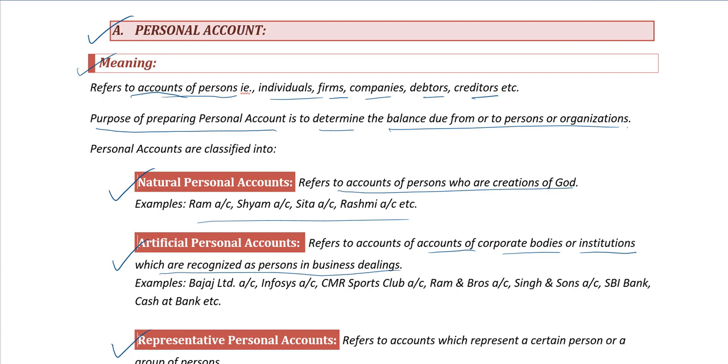Basically, business entities are artificial personal accounts. Bajaj Limited account, Infosys account, CMR Sports Club account, Ram and Brothers account, Singh and Sons account, SBI Bank, Cashad Bank. All these are examples of artificial personal accounts. We are referring to business entities.